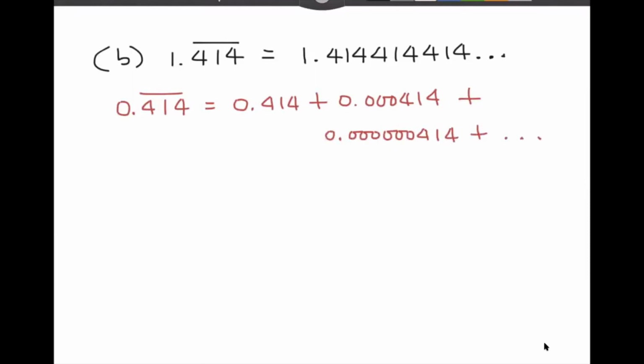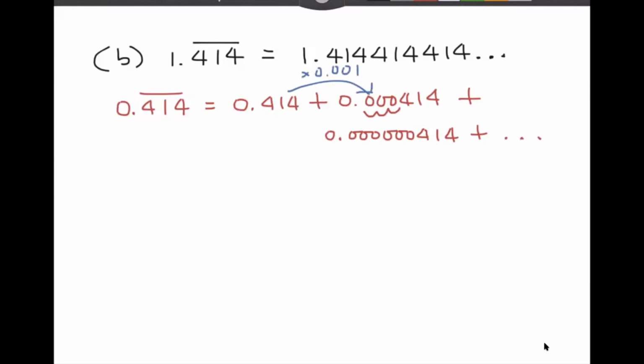This is, again, a geometric series. And this time the value of r, I'm probably overthinking this, but if you take a decimal point that's here and move it 1, 2, 3 places, that means that to get from one term to the next, you would multiply by 0.001.